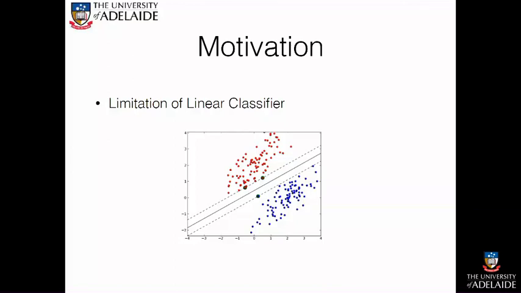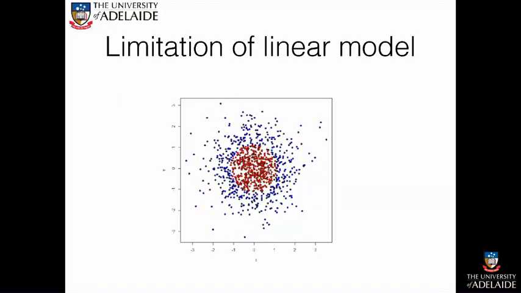So in nature, it's nonlinear. So in many cases, we need a nonlinear classifier or nonlinear regression. Here I just show you an example. This is of course a linear classifier, but for more complicated cases, for example, if we have such a data set, it's not possible to find a linear classifier to get very good accuracy, right? In this case, we have to use a nonlinear classifier.